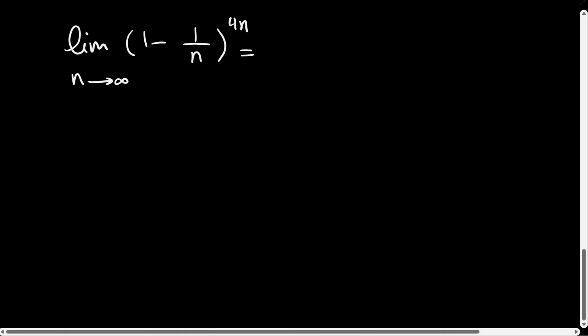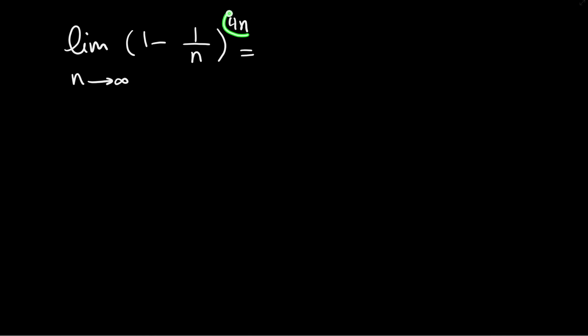The next sequence is 1 minus 1 over n to exponent 4n. We are looking for the limit when n approaches infinity. How can we find the limit of this sequence?